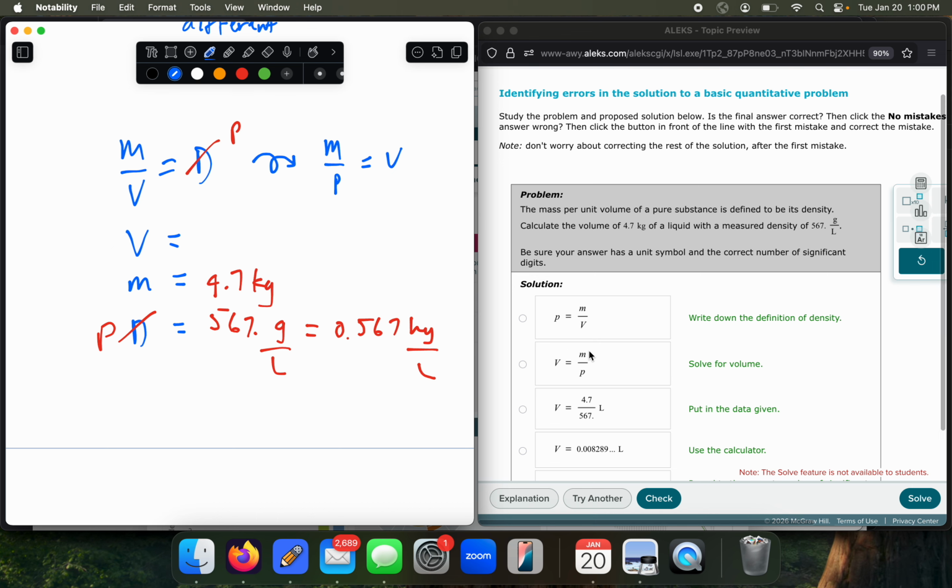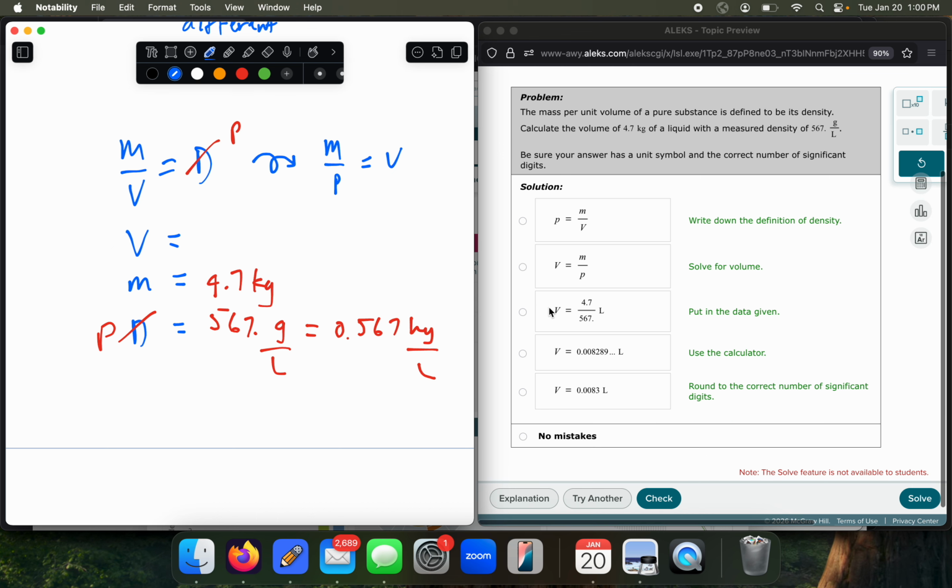So far, so good. And then it looks like what they did was they substituted 4.7 for the mass, which we have, and 567 for the density. And that would work, except the grams and the kilograms would not cancel, and they're saying you end up with liters.